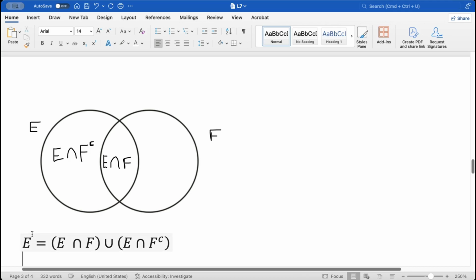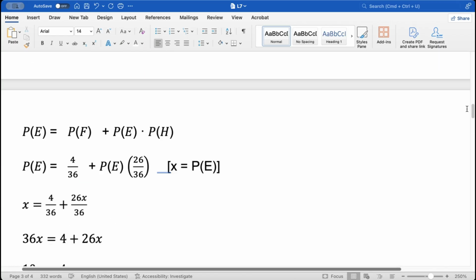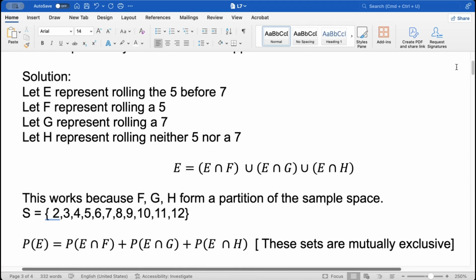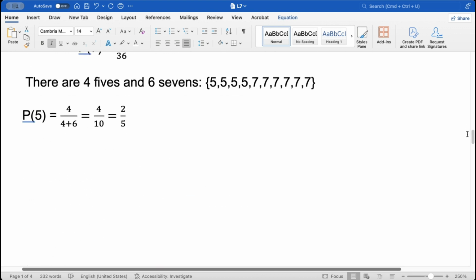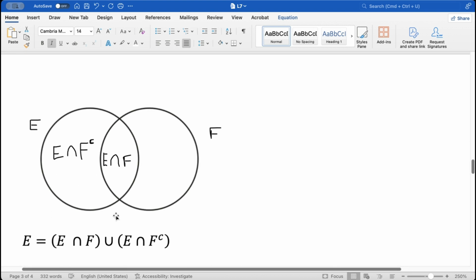So we can split E up into two separate disjoint sections, E and F, union with E and F complement, the portion of E that's not in F together with the portion that is in F. In the previous problem, we did that, but for a situation where there were more sets. This process works because F union F complement would be all possibilities, would be the universal set.